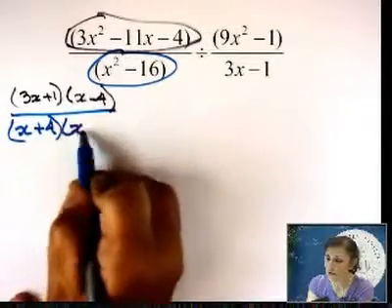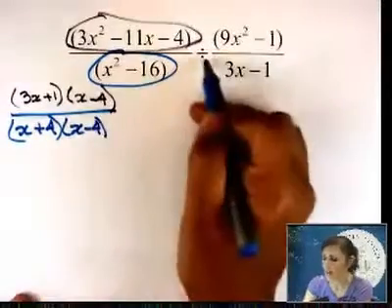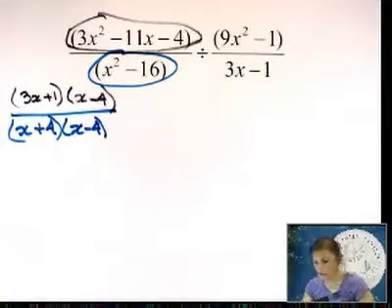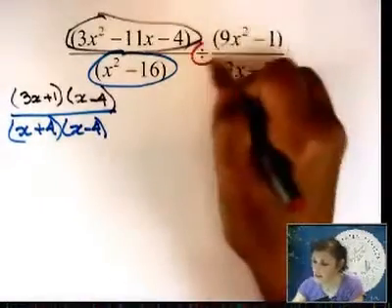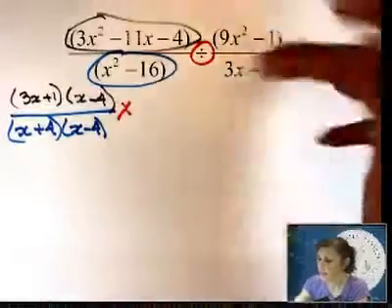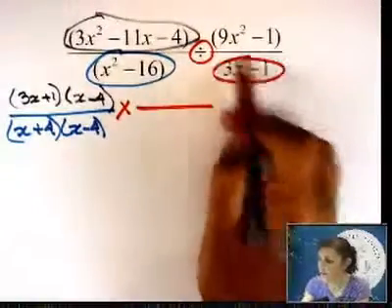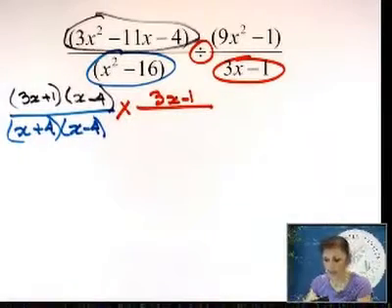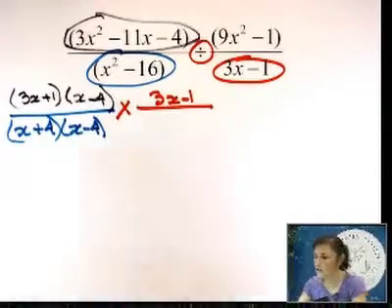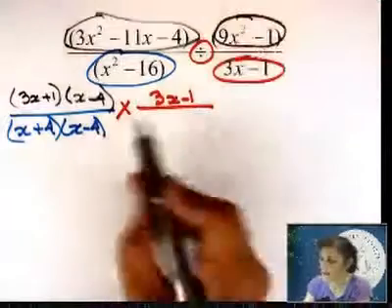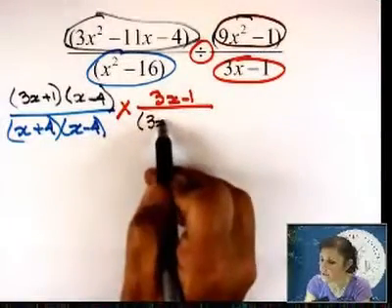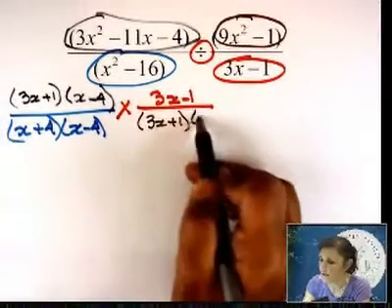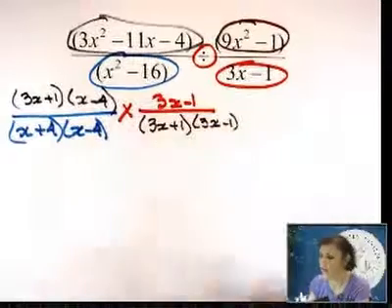So make sure that you know how to do that. Let's change the division into multiplication and flip them. You're going to have a 3x minus 1 on top. And this one is going to be difference of 2 squares, and that's going to factor out as 3x plus 1, 3x minus 1. So I factored everything out.